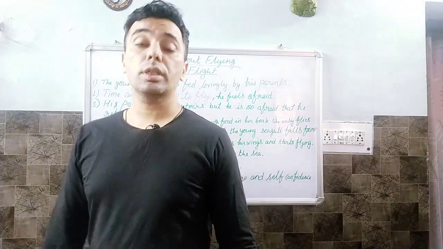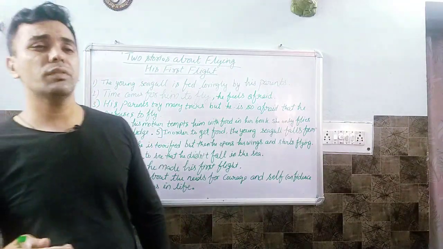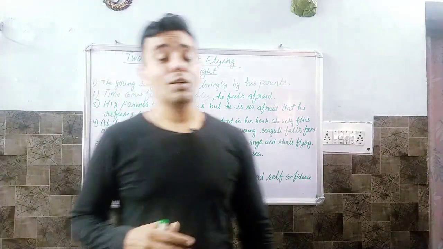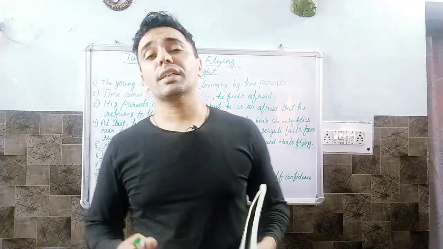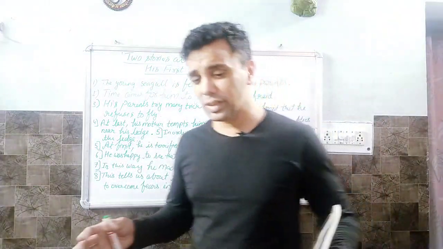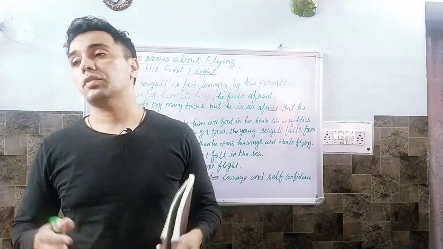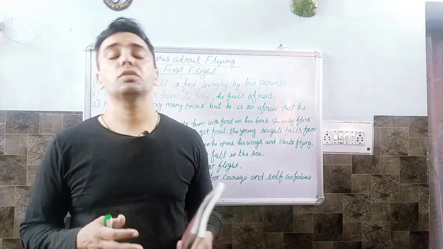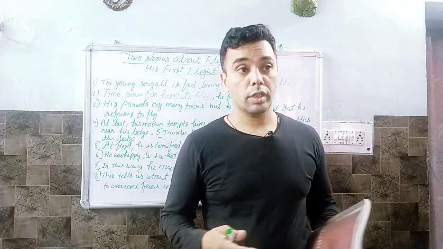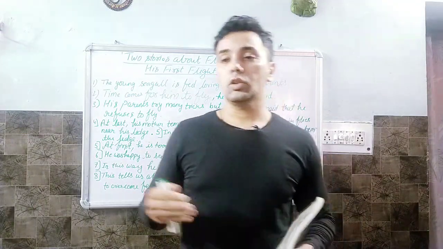Before we start the explanation of the chapter, I would like to give you a brief introduction or summary of this chapter. You know, when I was a child, whenever I was free or in my summer vacation, I used to read comic books.